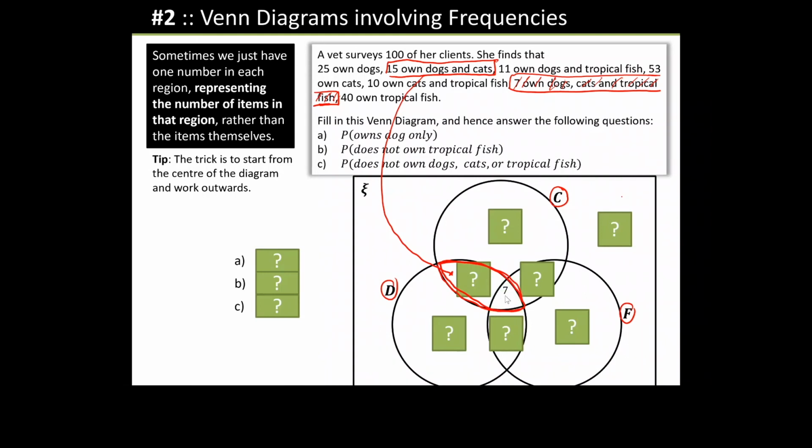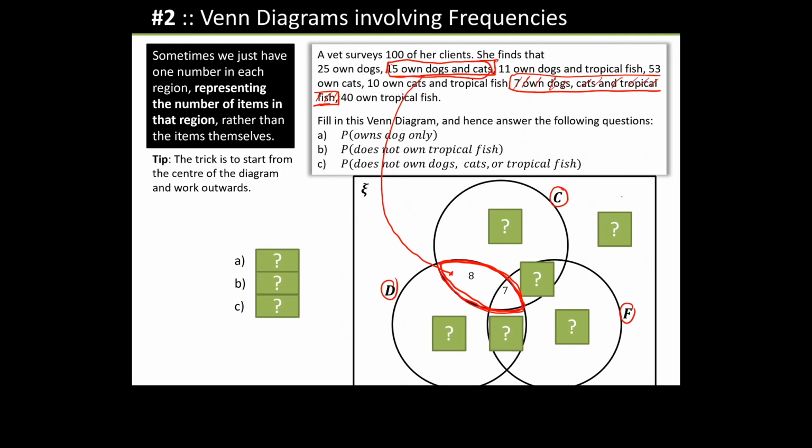So this was 7, and so if we know that 15 own dogs and cats, this whole area must be 15, because it doesn't say they just own dogs and cats, it says they own dogs and cats, so the whole area is representing 15. Therefore, this little bit here must be 15, take away the 7, 8. So then 15 do own dogs and cats, as we expect there.